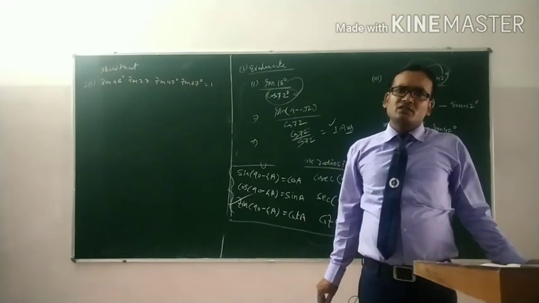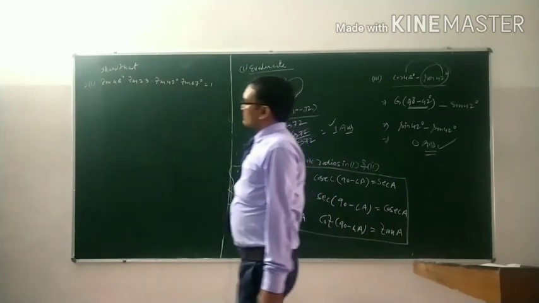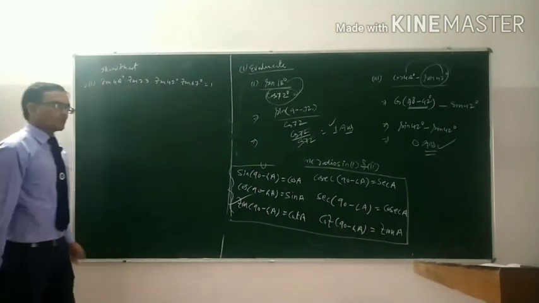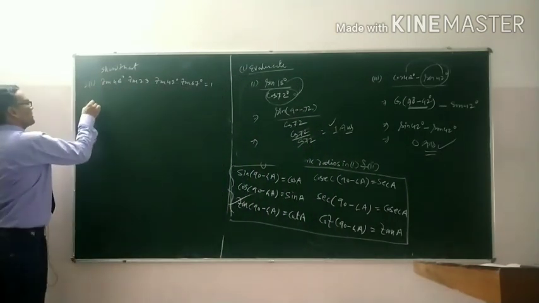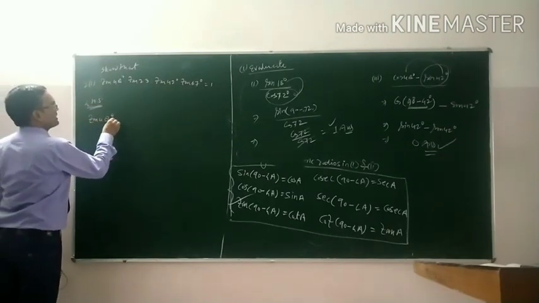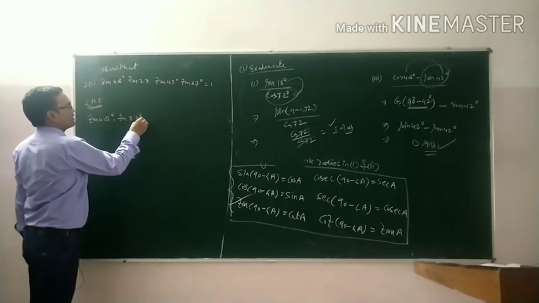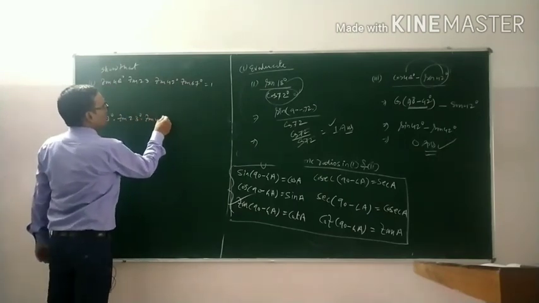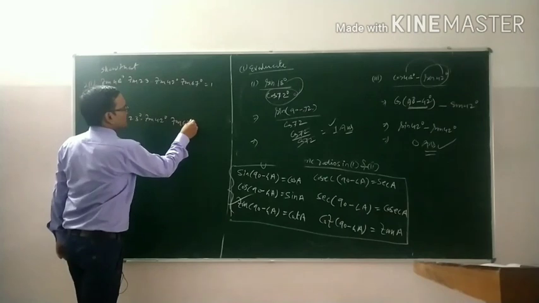Okay students, we take the left hand side of this question: tan 48 into tan 23 into tan 42 into tan 67.